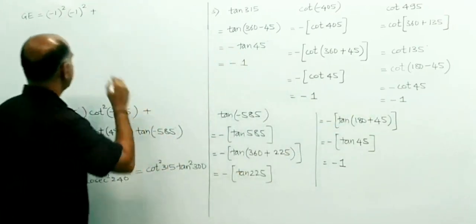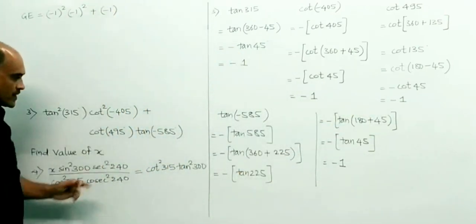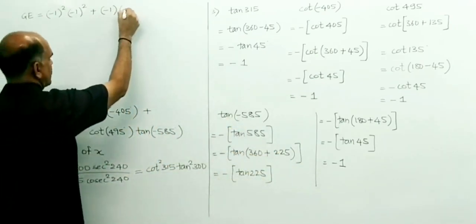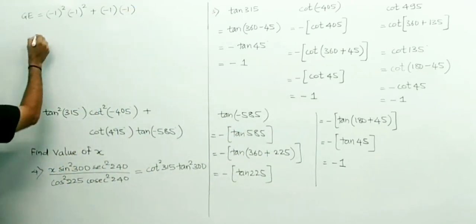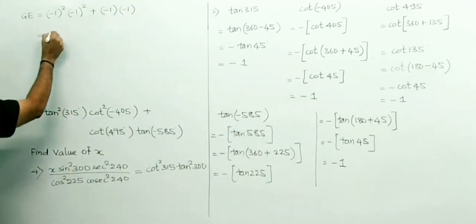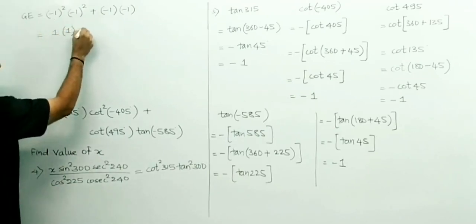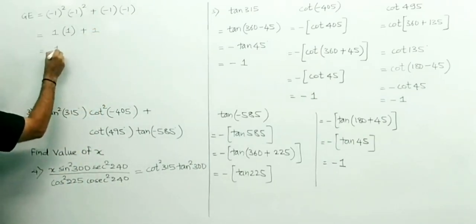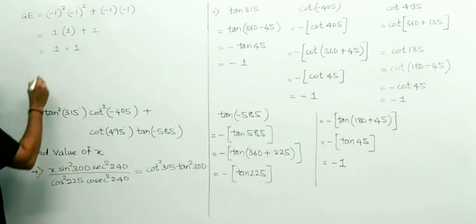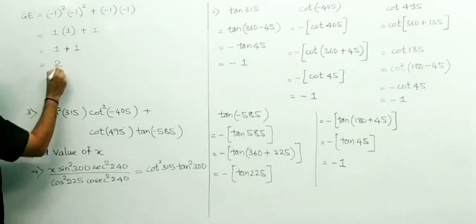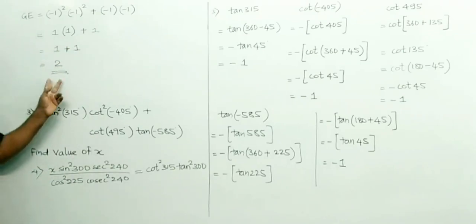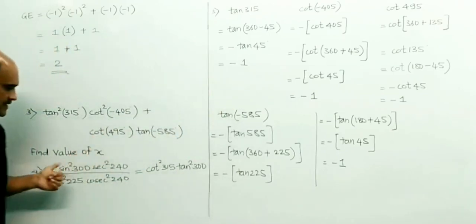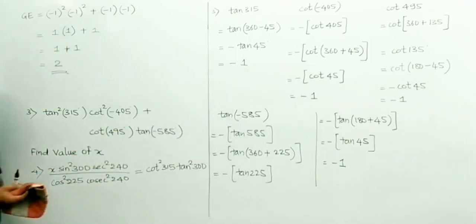Cot 495 is minus 1. Tan minus 585 is also minus 1. Now simplify this and you will have the answer. Minus 1 square is 1. Plus, minus 1 into minus 1 is again plus 1. So this is 1 plus 1, which is 2. So the answer you are getting is 2. Clear, students? You can pause and note down the steps. Then we will go for the last one, to find the value of x.